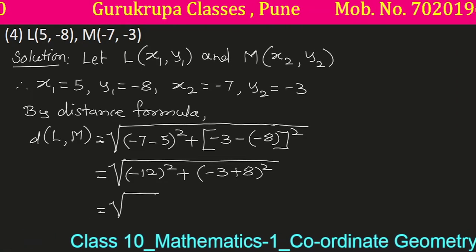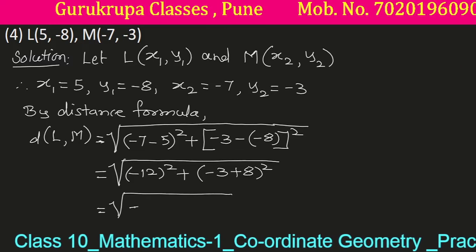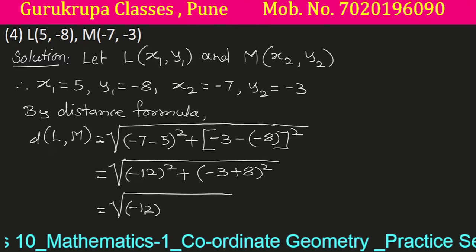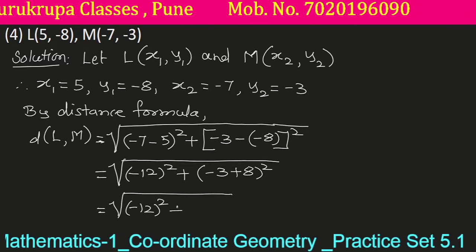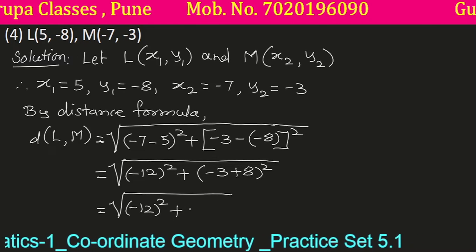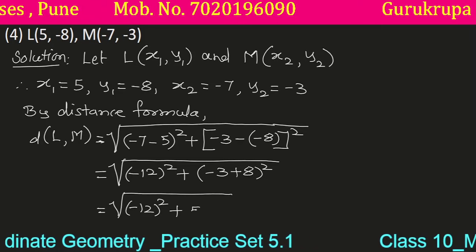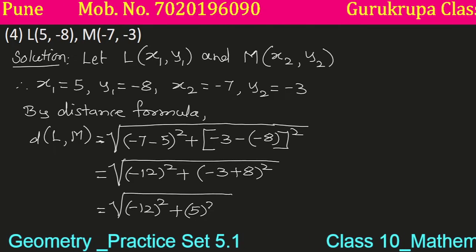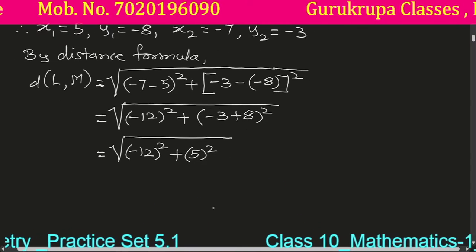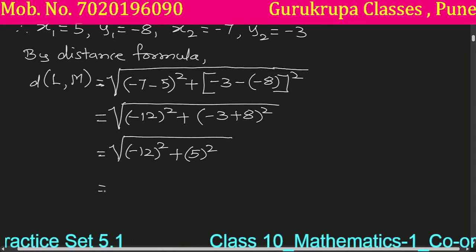Now, under the square root we get two terms: minus 12 square is the first term, and for the second term, minus 3 plus 8 means positive 5 is the answer of this bracket. Solving the bracket we get that.